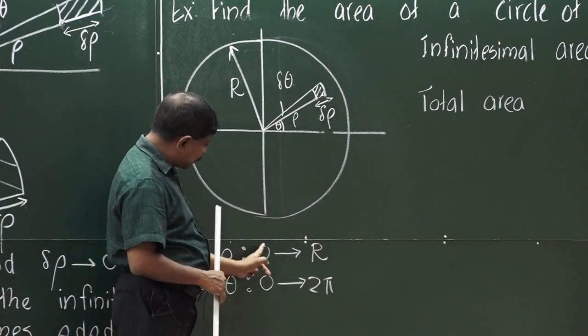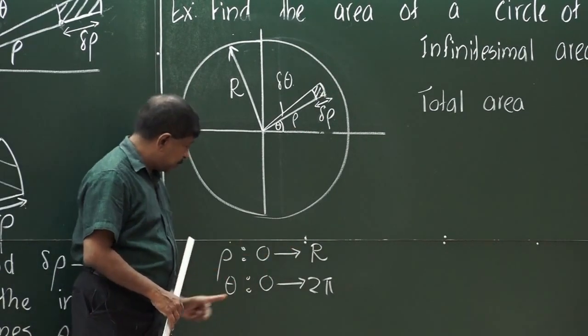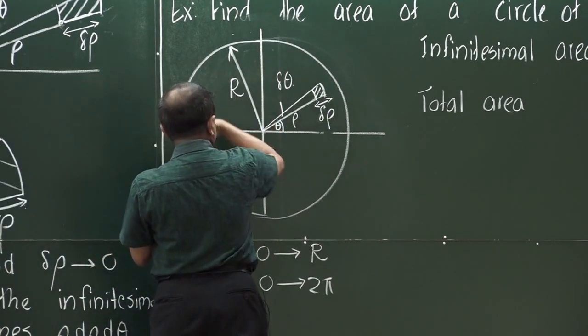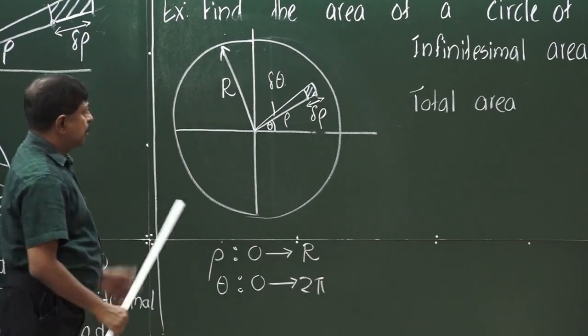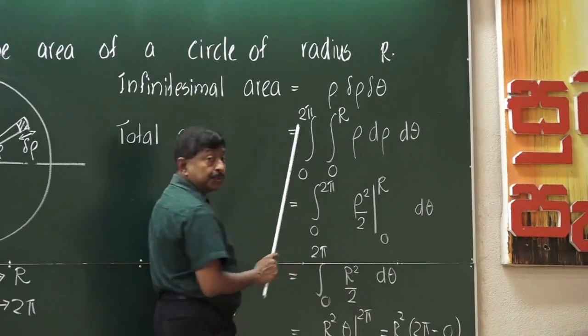Therefore, rho varies from 0 to r. At the same time, theta goes from 0 to 2 pi. Now, this is the infinitesimal area. You integrate it in this coordinate system.